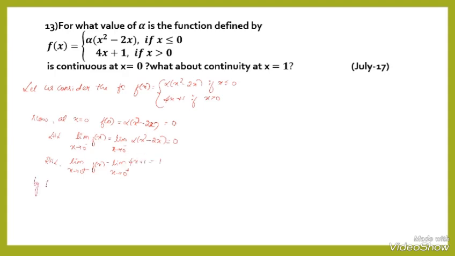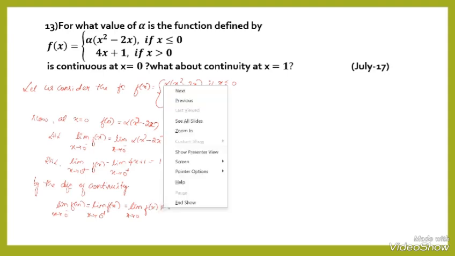Again, by the definition of continuity, we say the left hand limit x tends to 0 minus f of x, the limit x tends to 0 plus f of x, and f of x at 0 should be equal. Here they are not coincident.